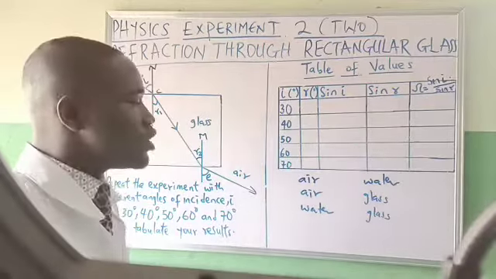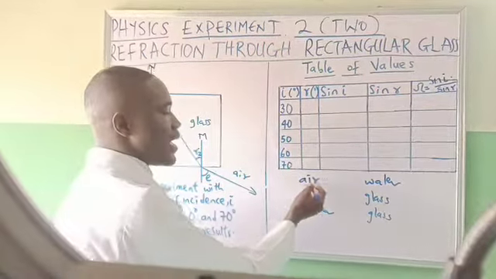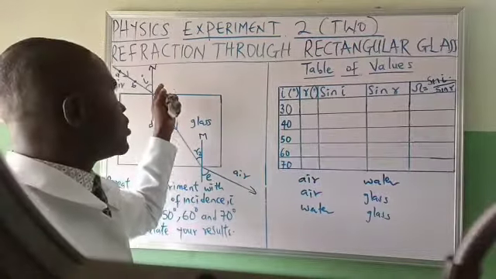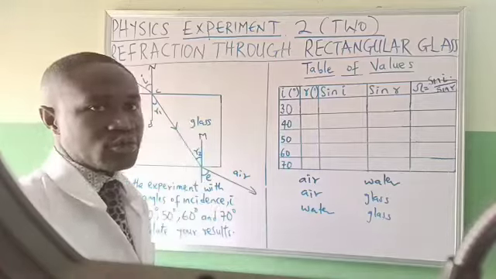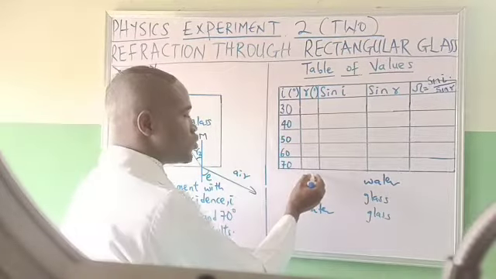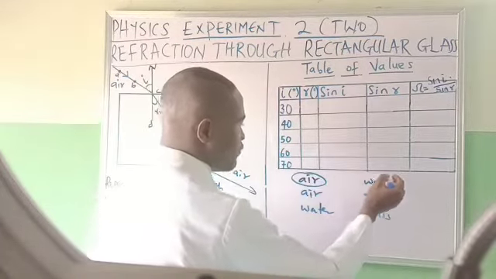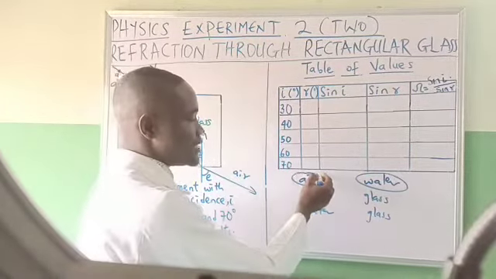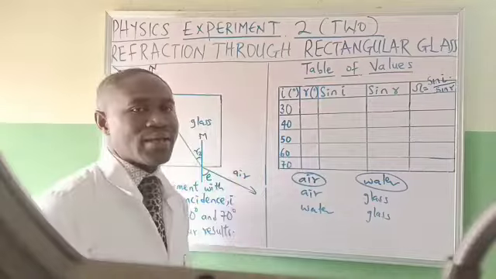Now, when you are talking about air and water, I want you to know that in the topic refraction, when the two media involved are air and water, air is less dense while water is denser.